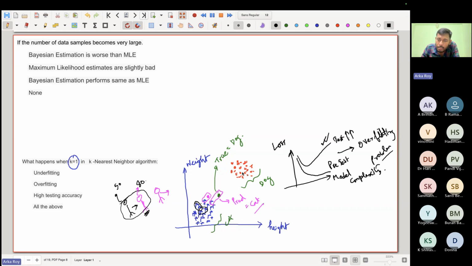But at the time of testing, your model may do misclassification. So underfitting is not the correct answer. Similarly, for high testing accuracy, you are doing misclassification, so how can you get high accuracy? So this is also incorrect. By the same logic, all of the above will also be incorrect.